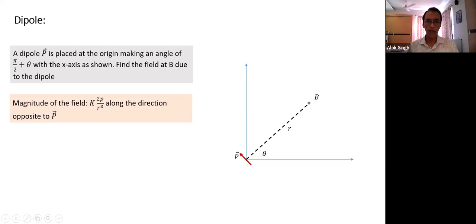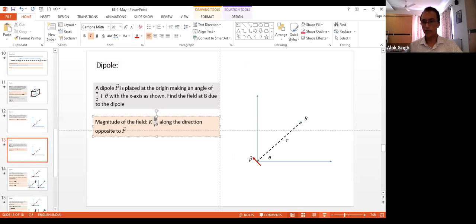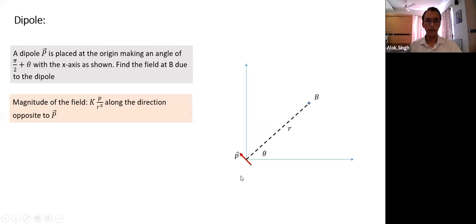The magnitude is K into P divided by r cube. Along which direction will the field be? Opposite to the direction of P, pointing downward in this direction. So we know these two things.